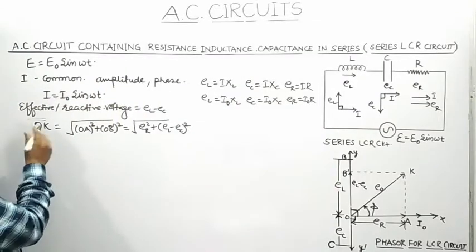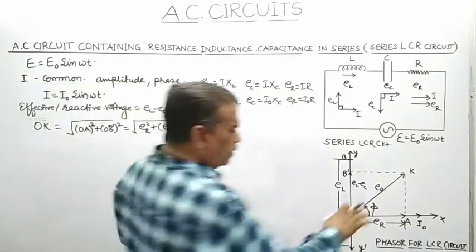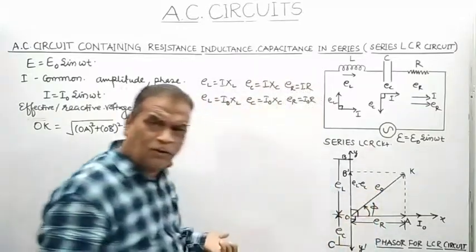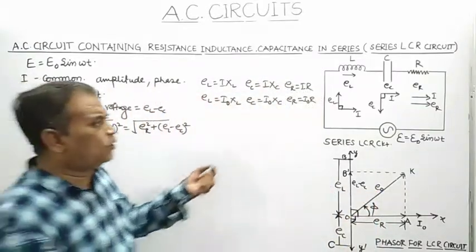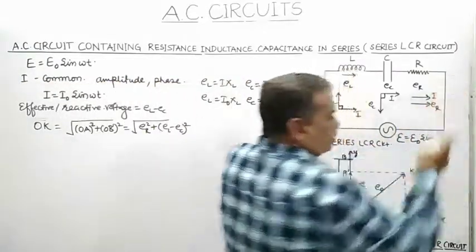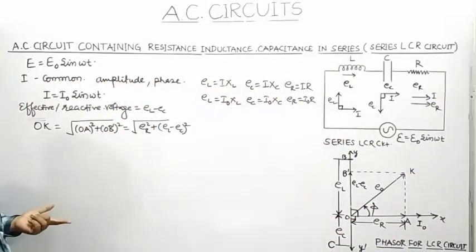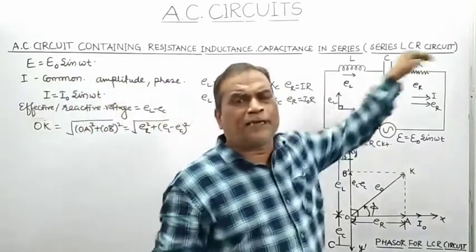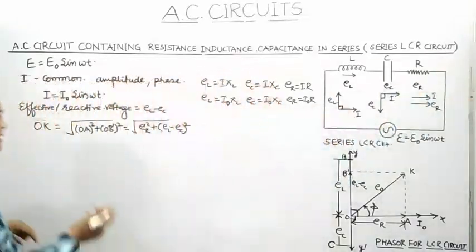So we will have. Now what about OK? OK will represent E0. That is effective voltage across what? Series combination of LCR circuit. And I0 will represent what? The effective current flowing through series LCR circuit.